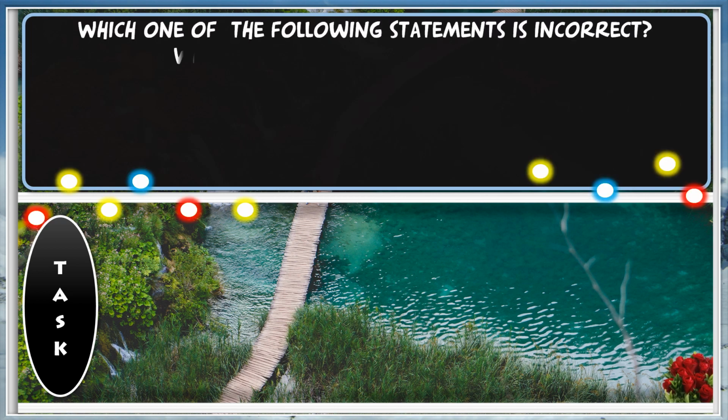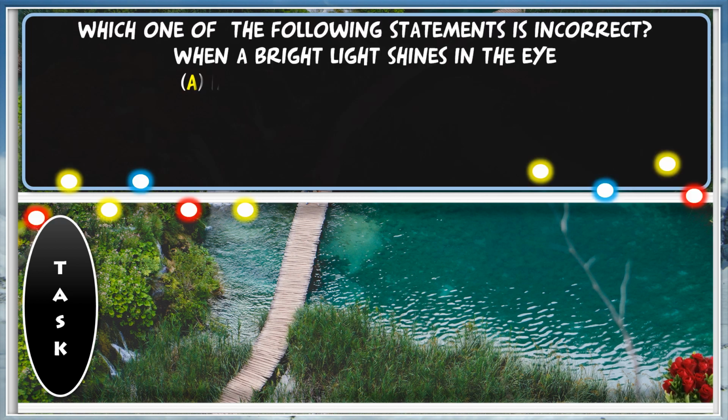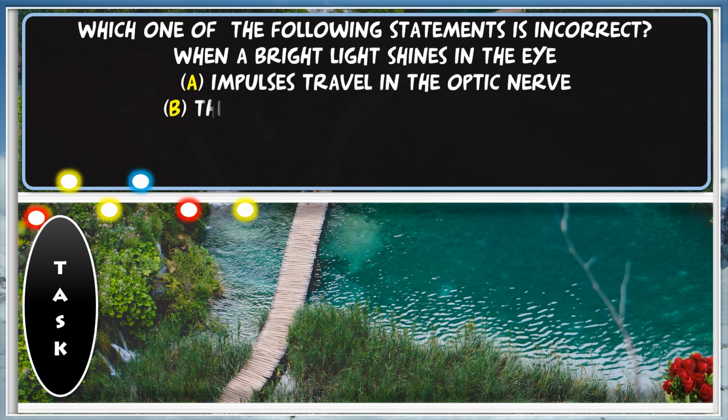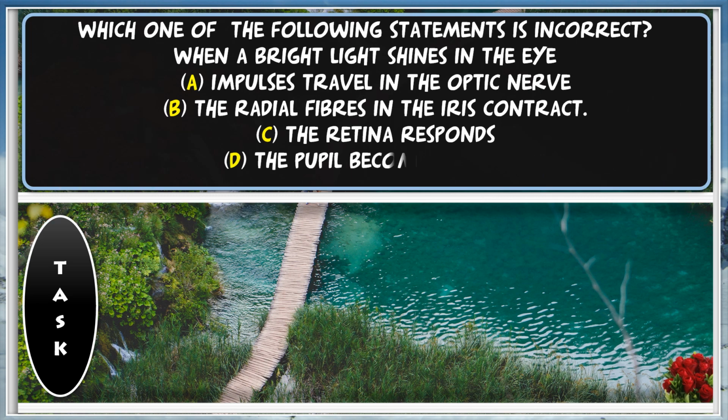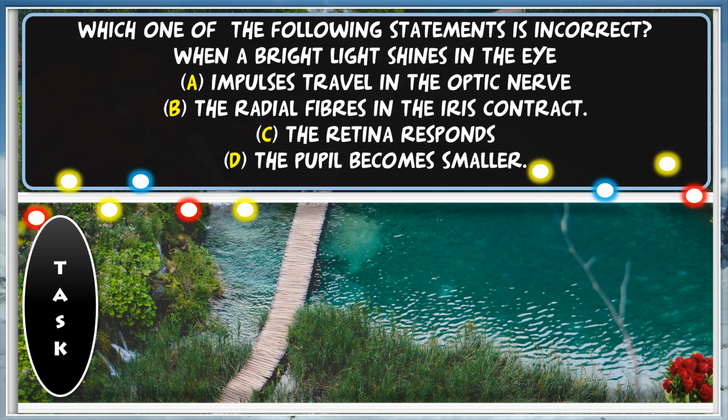Which one of the following statements is incorrect? When a bright light shines in the eye: A. Impulses travel in the optic nerve. B. Radial fibers in the eyelash contract.